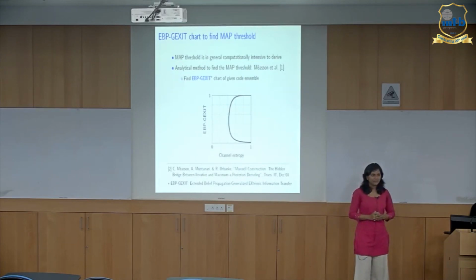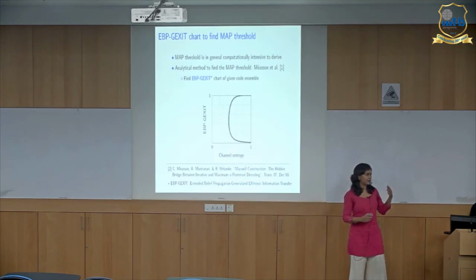It's a fancy name. Basically, in this chart, on the x-axis we have the channel entropy. For a binary input channel, the channel entropy can go from 0 to 1. And on the y-axis, we have this fancy EBP EXIT function. What this function does is it characterizes the average entropy, or average uncertainty, about a given bit.